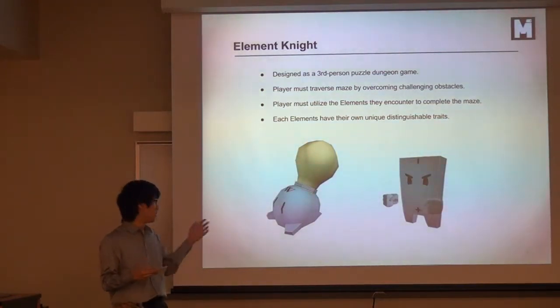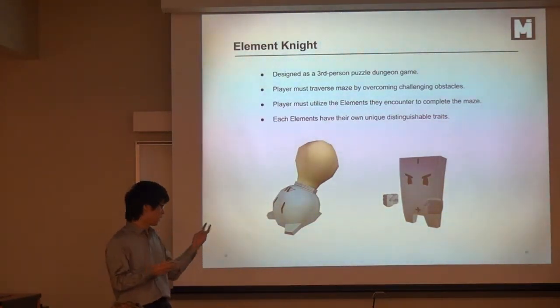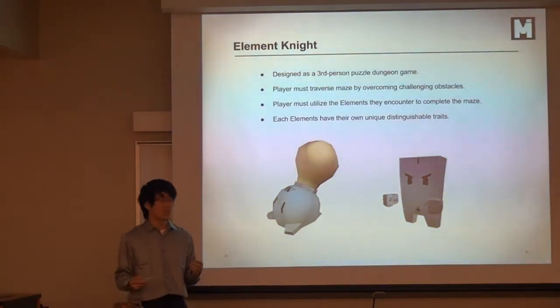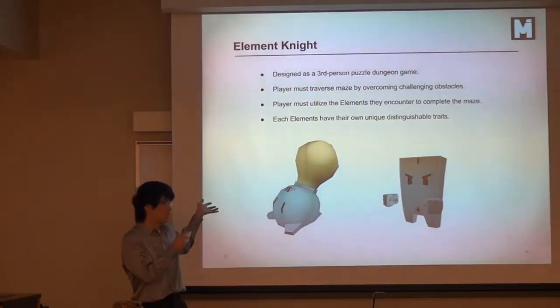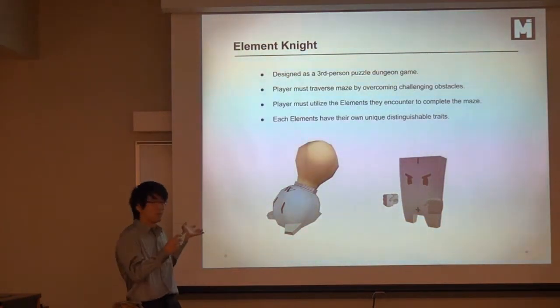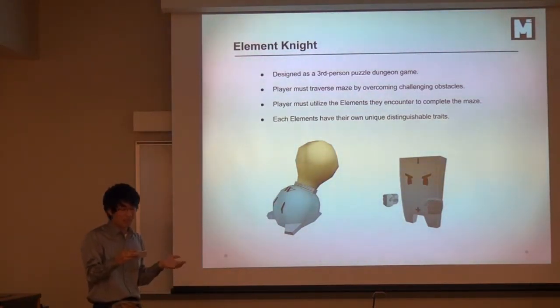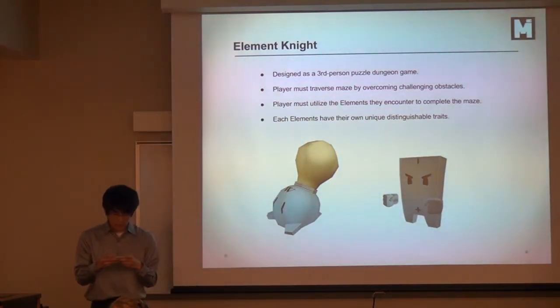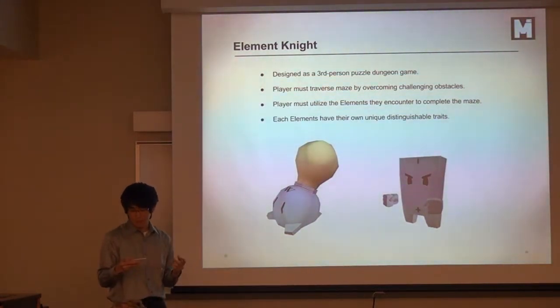If you see on the screen, our two little character elements each have their own unique distinguishable features. On the left, we have our little cute character with a light bulb. He is our tungsten character, and the stern-looking guy is lithium. In the later slides, I'll briefly present the demo of our AR version and non-AR version of our game.